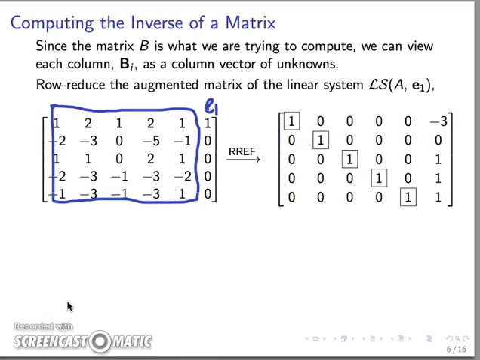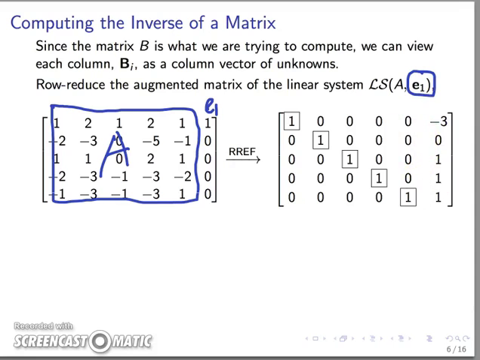Notice that in this augmented matrix the last column is the vector of constants, which is in this case the first column of the identity matrix, the standard unit vector E1, and then the matrix of coefficients is the matrix A. We row reduce it, and find that indeed there is no leading one in the last column. This system is consistent.